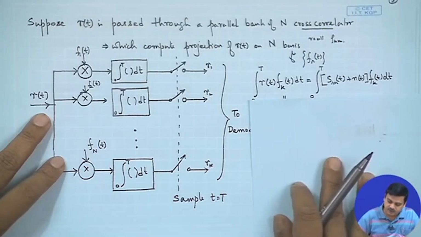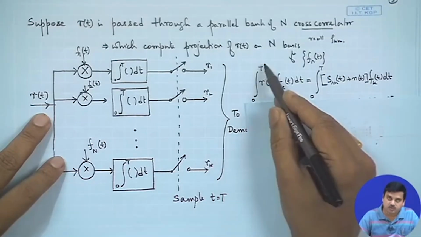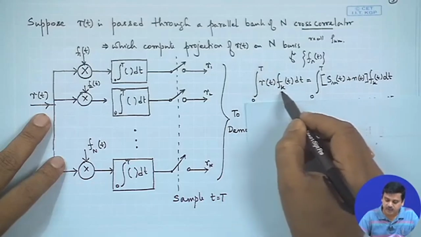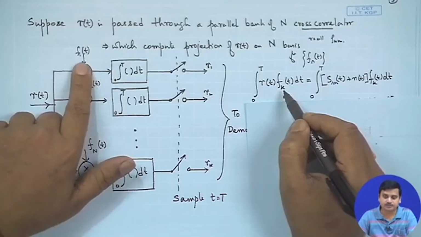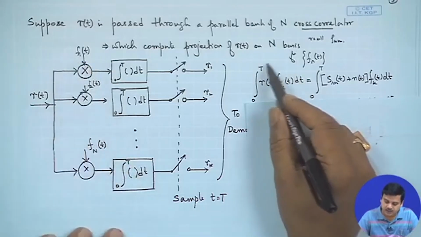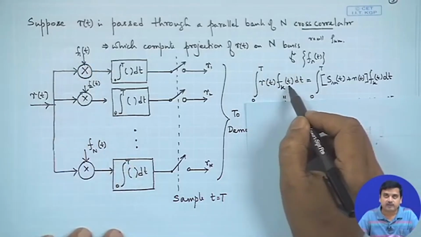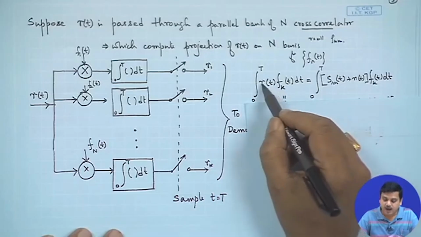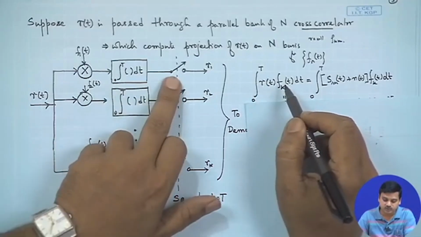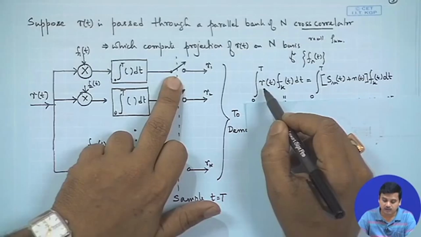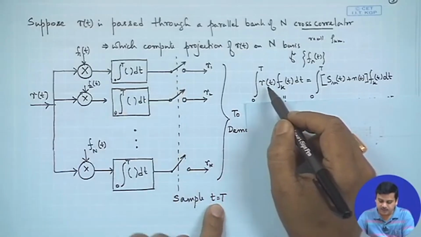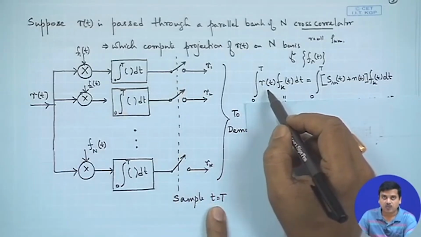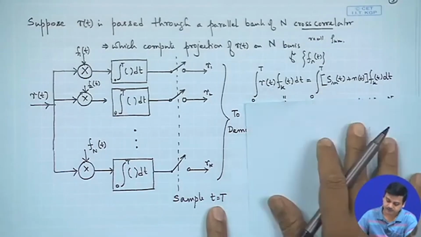This effectively means that we have the 0 to T integral of r of t f k of t dt, where k is 1 in this particular case. That means we are projecting r on f k, that means we are finding r k. So here we should get r 1 of small t, and at the sampling instant we are going to get r 1 of capital T.